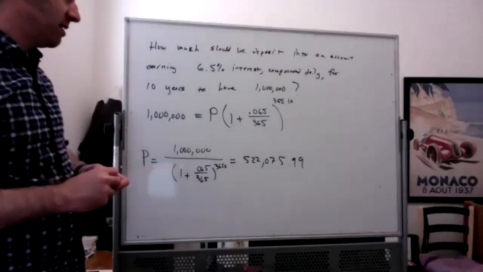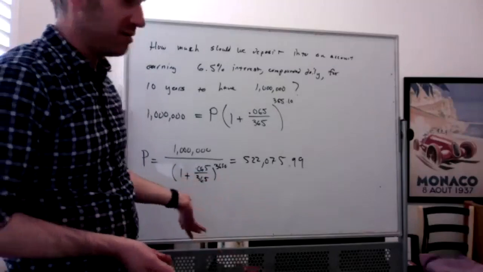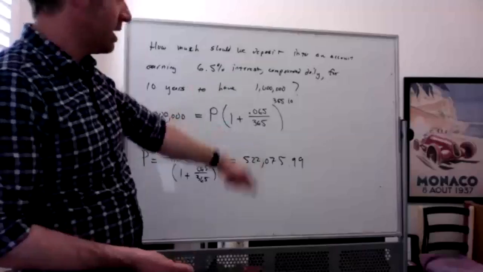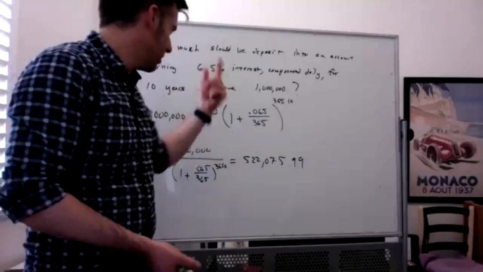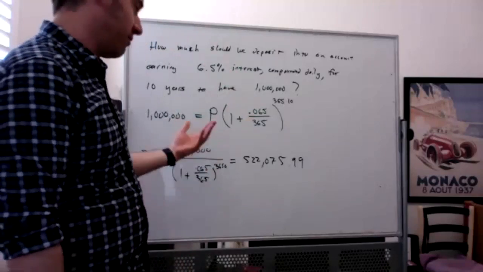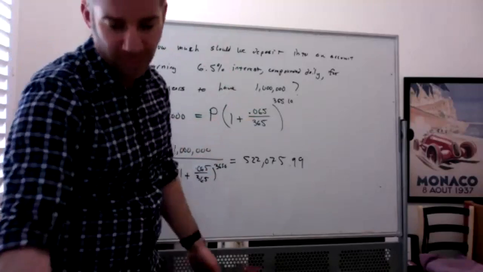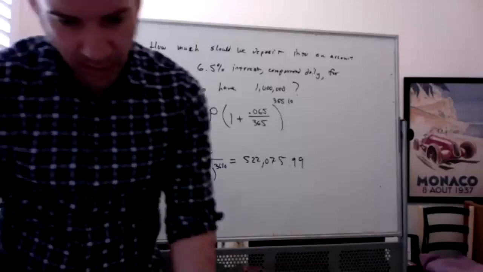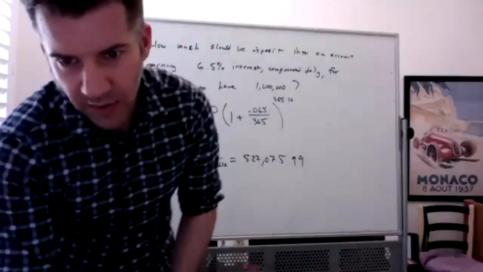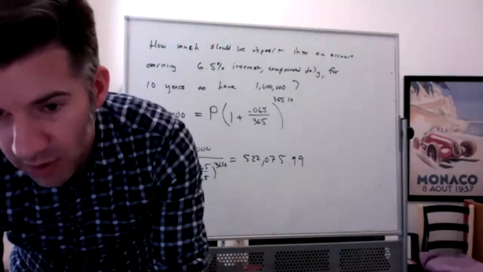So if you invested $522,075.99 for 10 years at this interest rate compounded daily, you would have $1 million at the end of those 10 years. So great. So I think probably good.